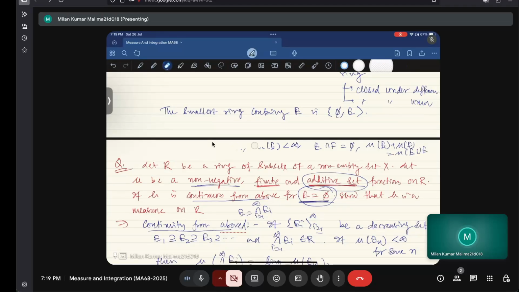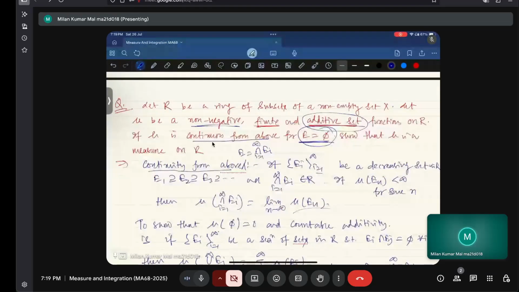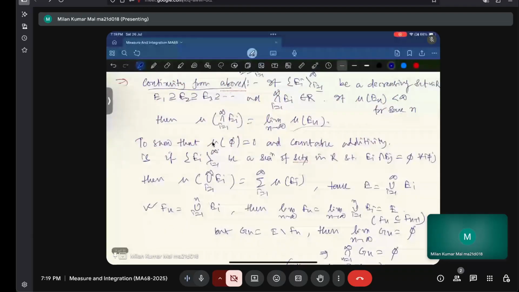And it is also given that mu is continuous from above. Mu is continuous from above means, at the point E equals empty, that if I take E equal to the intersection of Ei, where Ei are decreasing sets of R, and the intersection of Ei is the empty set, then mu of Ei tends to mu of the empty set as n tends to infinity.